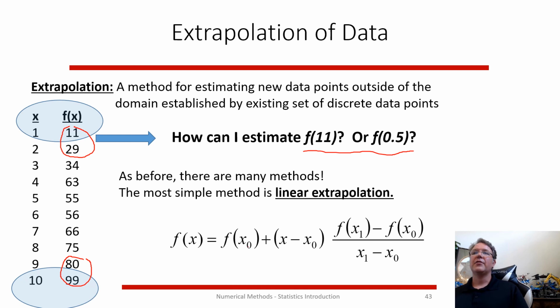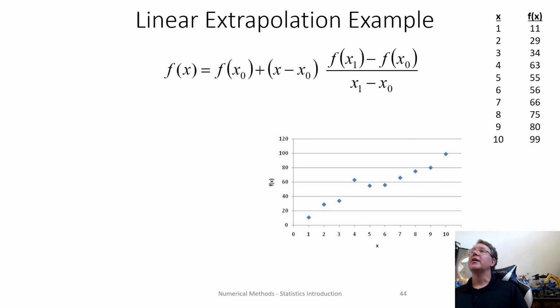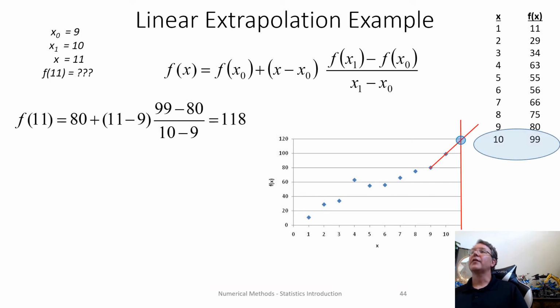Use the same expression: the left value y, the left value x, the right value y, the right value x, and the change between the x's. So again, for extrapolation, if we're looking at this last point, we're going to use points 9 and 10. So those 2 points make a line.